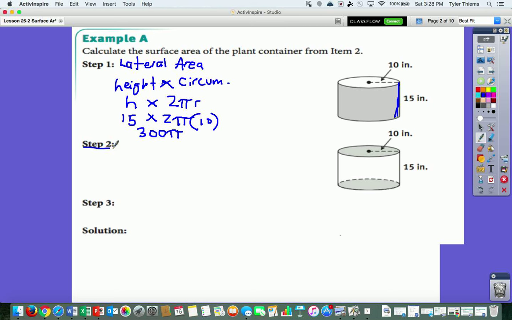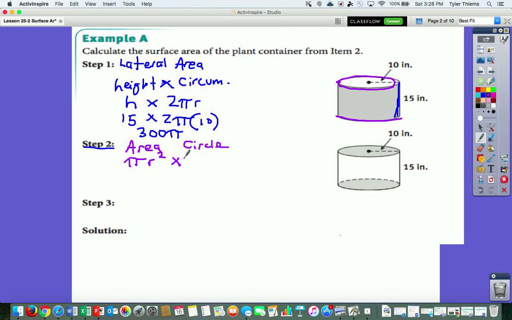Step 2 is going to be the area of the bases, the area of the two circles. So I'll put area of circles here. Notice that there's a top and a bottom circle. Whenever we find the area for one circle, we're going to multiply that by 2. The formula to find the area of a circle, as we hopefully know, is pi r squared.